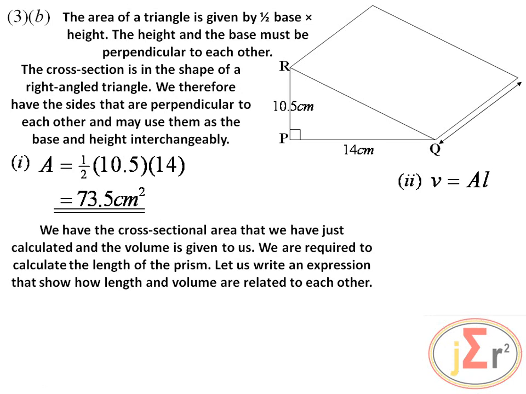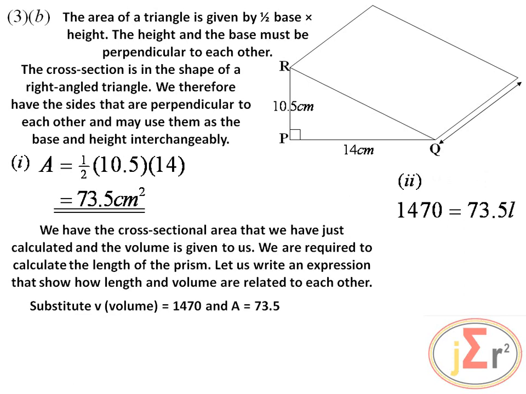So for the volume of a prism, volume is equal to the cross-sectional area multiplied by the length. The volume we know to be 1470 and the area we know to be 73.5. So we will substitute those values in the equation. All that we do not know is the value of L.